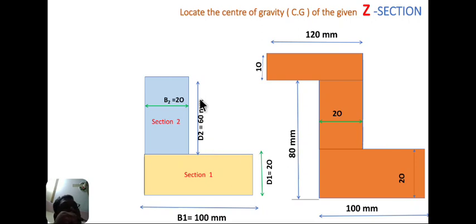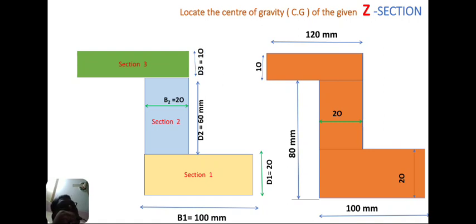So now I am considering the height of a vertical rectangle only, D2 equal to 60 mm. Now the dimensions of a third rectangle are depth or height D3 equal to 10 mm and base B3 equal to 120 mm.